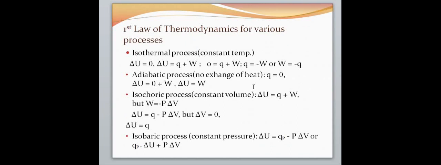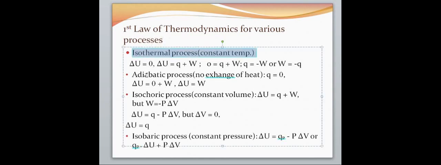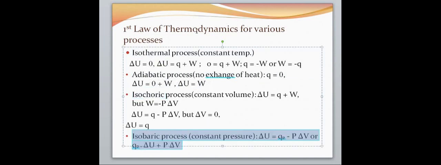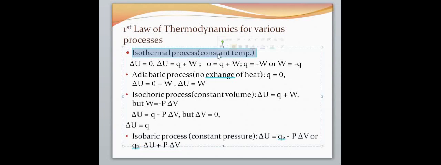Now take a look at the first law of thermodynamics for various processes. There are different processes: isothermal process, adiabatic process, isochoric process, and isobaric process. All these terms must be new for you. We'll take a look at all the processes one by one. When I say isothermal process, I mean a process where the temperature is constant.